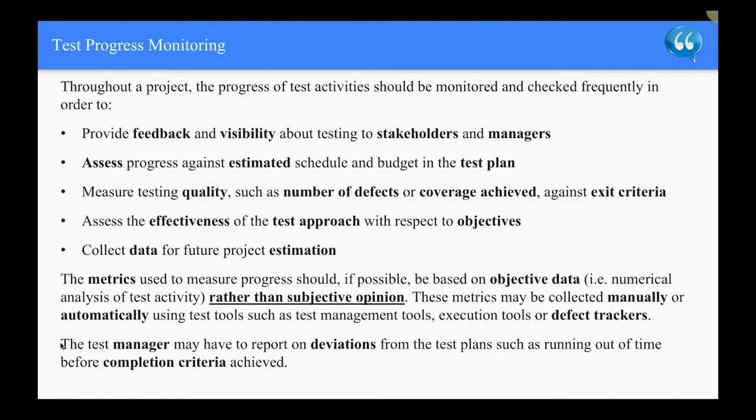So for test progress monitoring, throughout a project, the progress of test activities should be monitored and checked frequently in order to provide feedback and visibility about testing to stakeholders and managers, assess progress against estimated schedule and budget in the test plan, measure testing qualities such as number of defects or coverage achieved against the exit criteria, assess the effectiveness of the test approach with respect to objectives, and collect data for future project estimation.